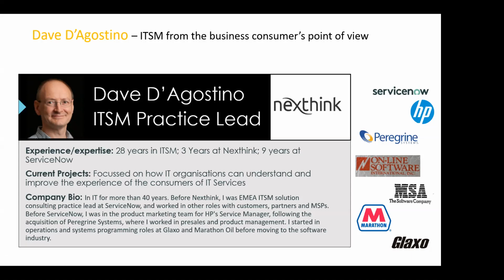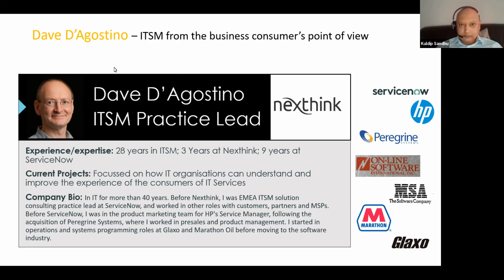And the reason I came to NextThink is because it's really turned that whole paradigm on its head, and it really helps us to look at services, the quality of those services and how they're consumed from the point of view of the business consumers, who after all are the people who are paying for all of this and the people that the services have been built for.